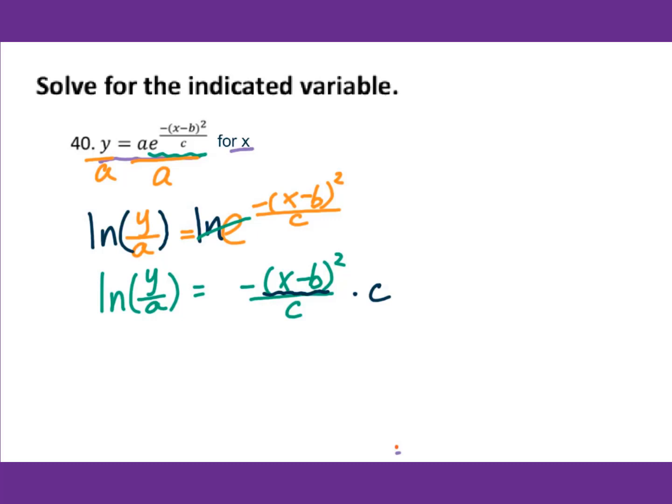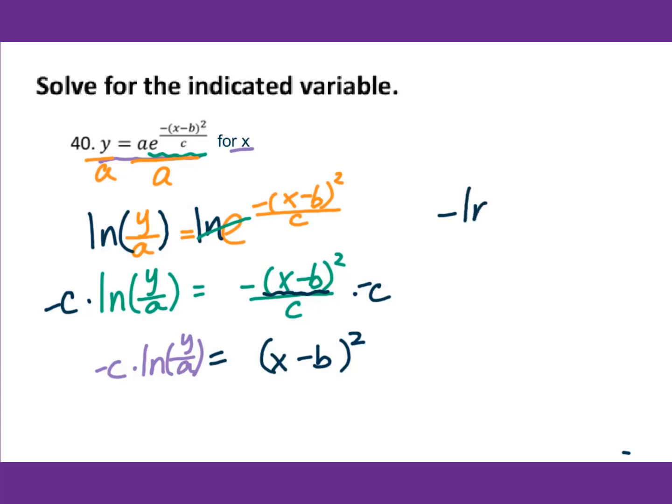Therefore, we multiply by c, then negative c, so that we got x minus b squared equals negative c times natural log of y over a. As we know, negative natural log of y over a equals natural log of a over y.